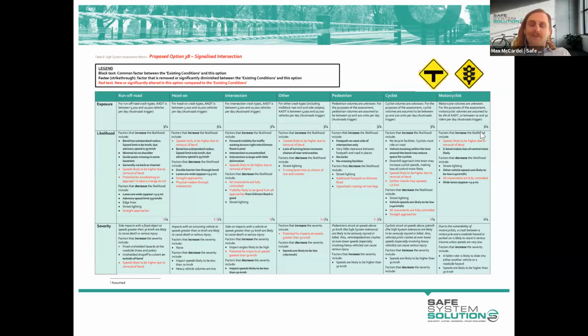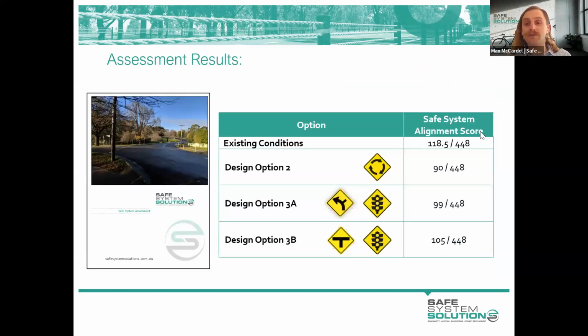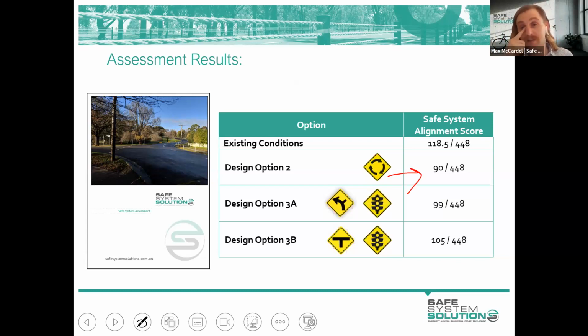So we've got those matrices. We've done them for all those options now. And as I said, you'd provide a summary of those scores. So the total that you could get is 448. But just looking at this high level summary, I can see that design option 2, the roundabout, is the lowest of the design options, indicating it's performing the best in terms of safe system principles.